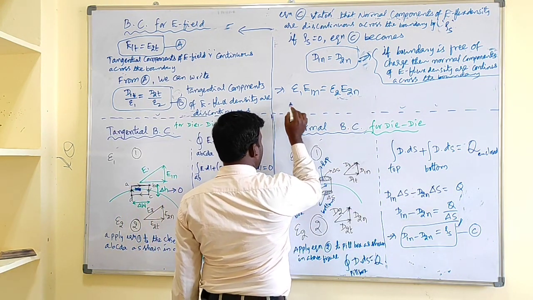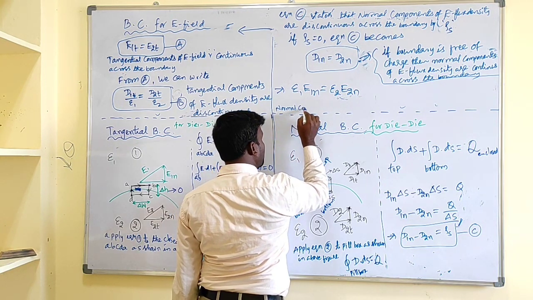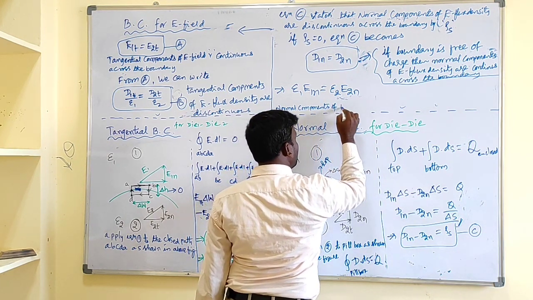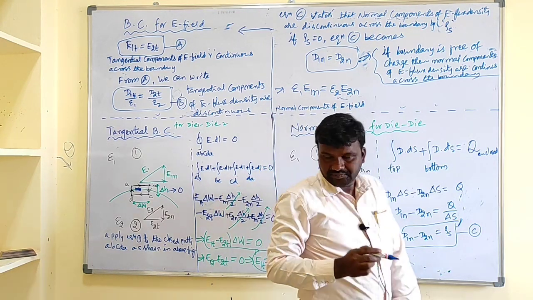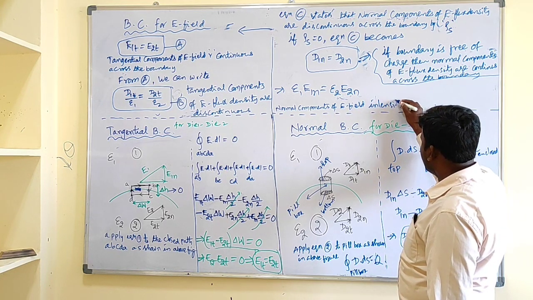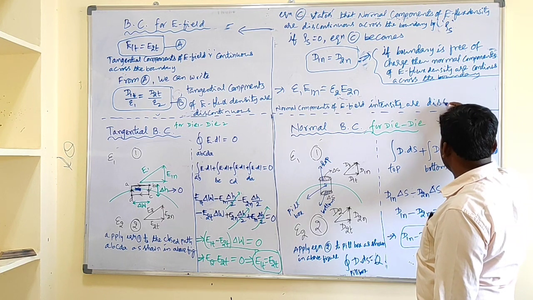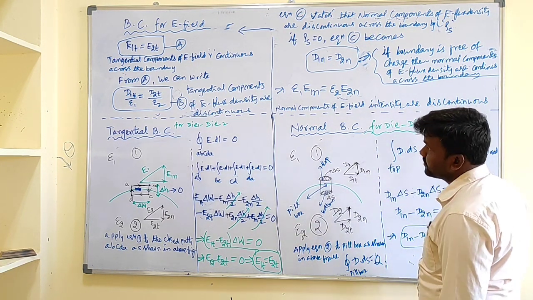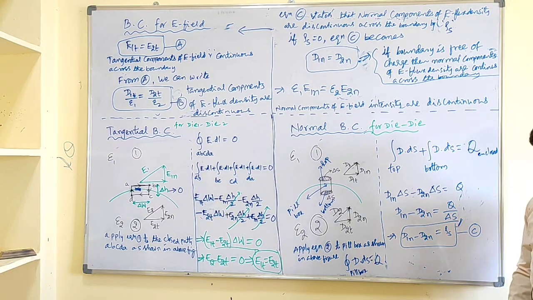We can conclude that the normal components of electric field intensity are discontinuous across the boundary. Normal components of electric flux density are continuous across the boundary.